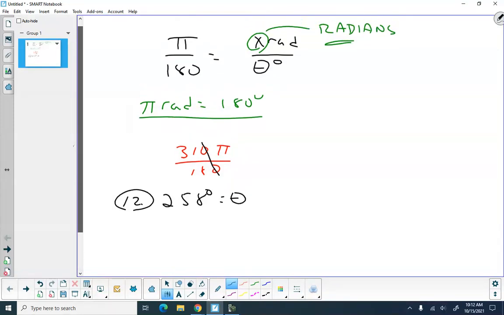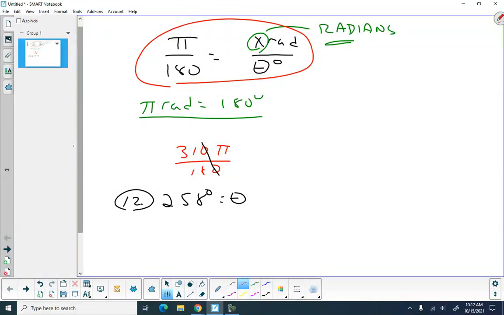So if I take a look at my proportion, I put in my value of theta, 258 degrees, in for theta. You haven't done it, you should be doing it. I put my 258 degrees in for the value of theta, and I'm going to solve for x.